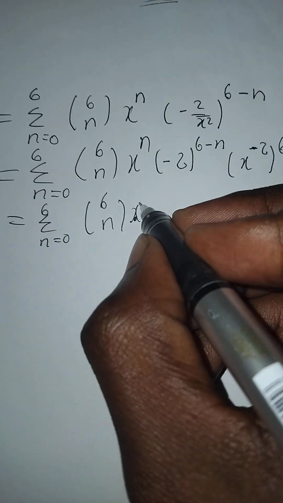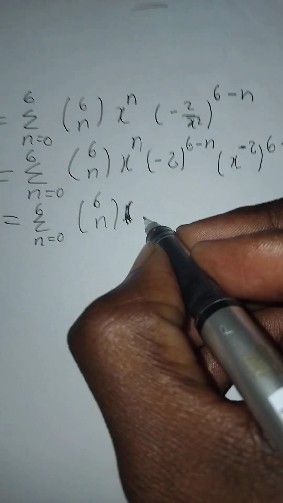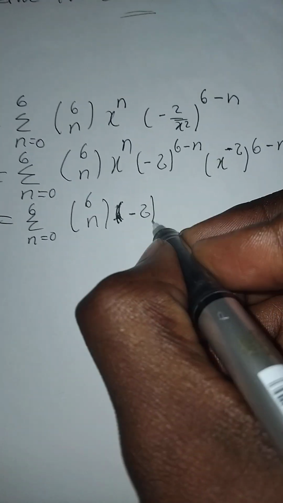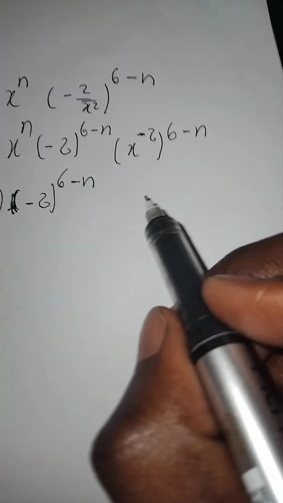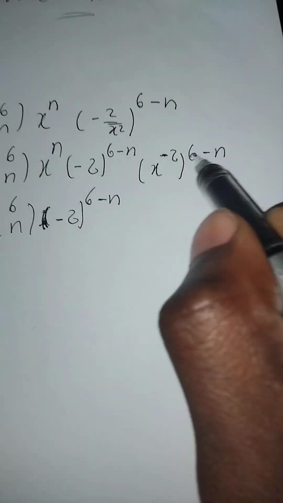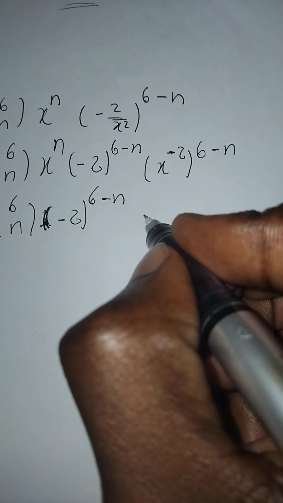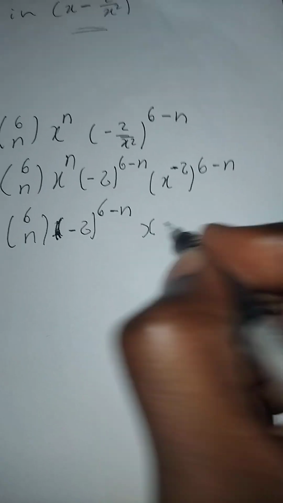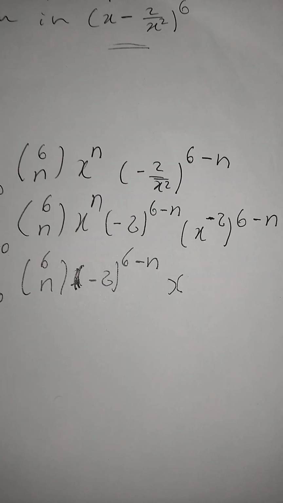Okay, let me put the constants together. So I'm gonna put this one minus 2 into 6 minus n, just like that. So here we get minus 2 by 6, that is minus 12, then plus 2, so that is x to the power minus 12.